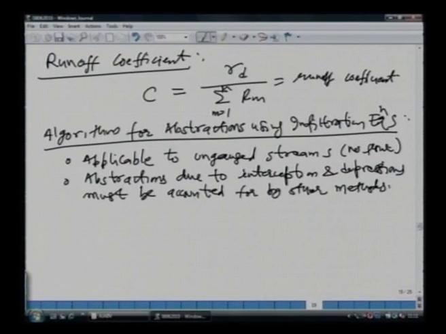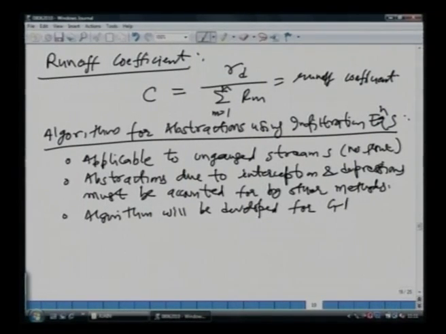The algorithm will be developed for the Green-Ampt equations.